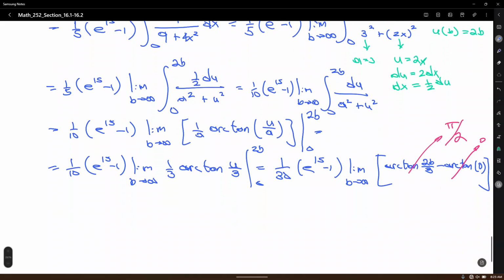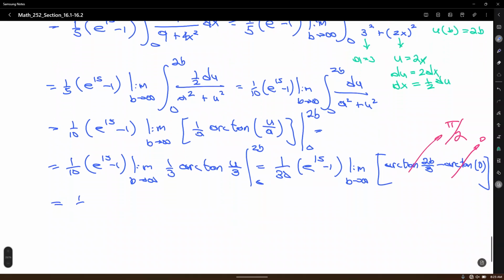That's going to be simply 1/10 e to the 15 minus 1 times pi over 2 minus 0, which is simply pi times 1, that's pi, and 2 times 10, that's 20 e to the 15 minus 1.